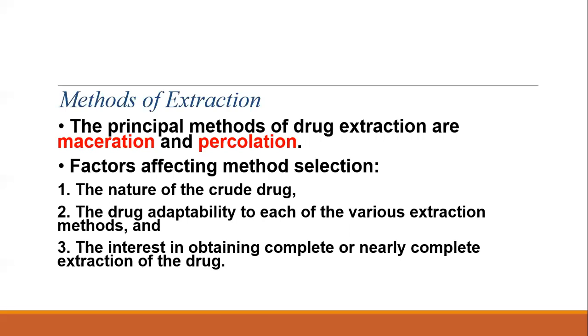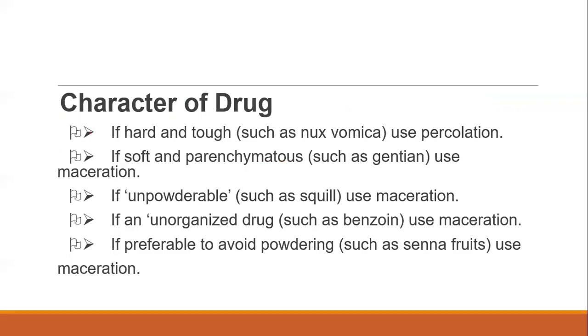In selecting a particular method, what are the factors we should keep in mind? Number one is the nature of the crude drug, the drug's adaptability to each of the various extraction methods, and interest in obtaining complete or nearly complete extraction of the drug. So these things should be kept in mind while selecting the extraction procedure.